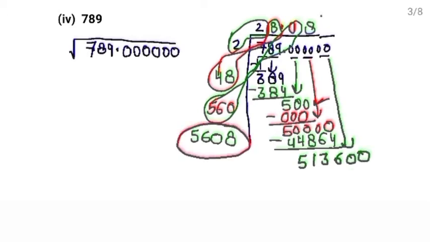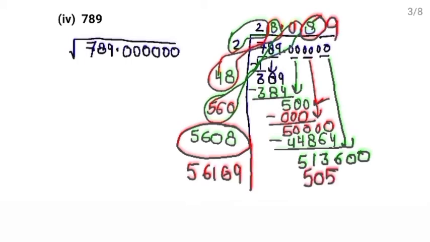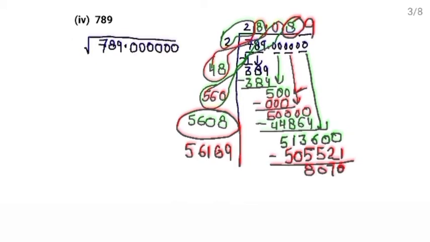Now add this with this one, 5,616. Now multiply by 9. When you multiply it by 9, you will get 5,05,521. Subtracted 8,079, right? So now you have calculated the square root near to the 3 decimal places, right?